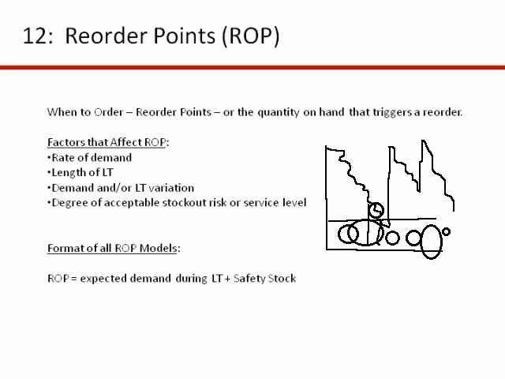Now, in the EOQ model, where demand was known and constant, ROP is going to be D times LT plus 0. In that case, safety stock is 0 because you wouldn't need safety stock. Your demand is known and constant. Your lead time is known and constant.